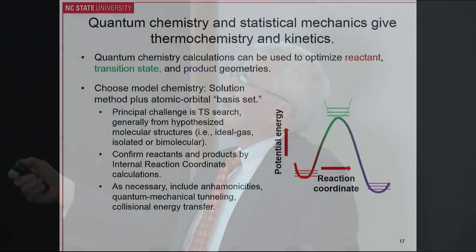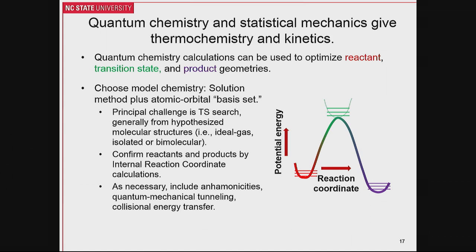And of course, it really matters to us what we're starting off with and what we end up with as well. So in terms of doing the calculations, when you use quantum chemistry and StatMech, often it's not just finding the reactant, the product, and the transition state, but showing that the transition state is the right one. Well, first, finding the transition state, but then confirming it's the particular transition state of interest, and then including complications as necessary.